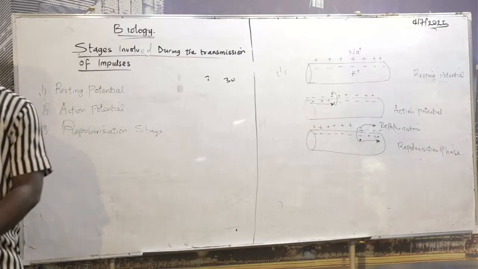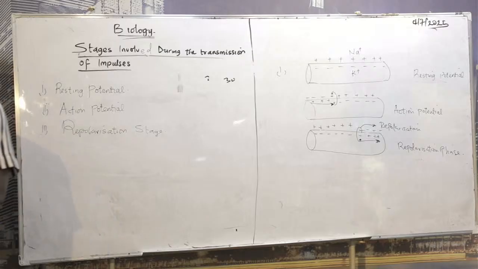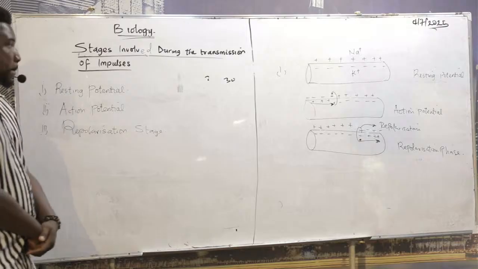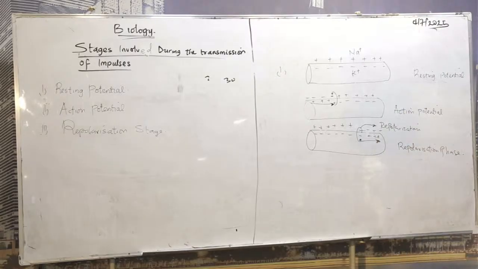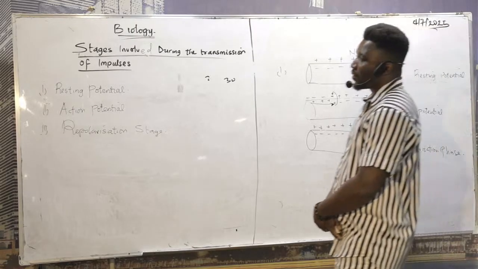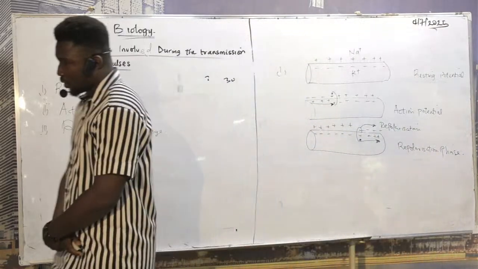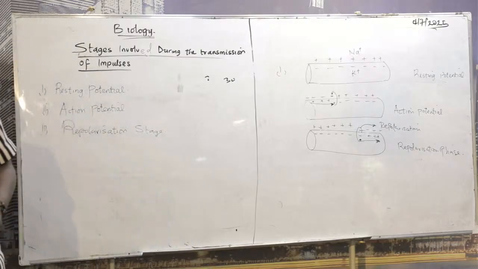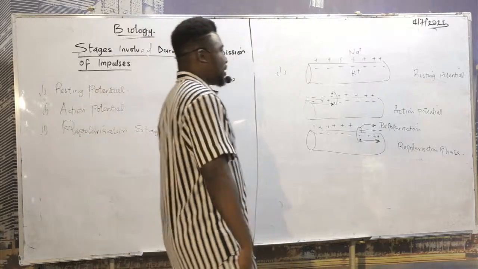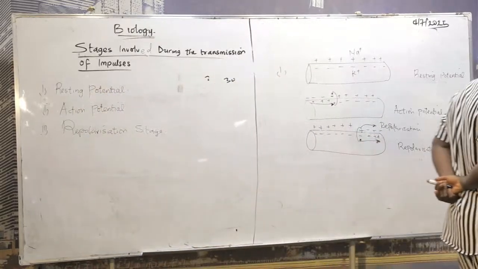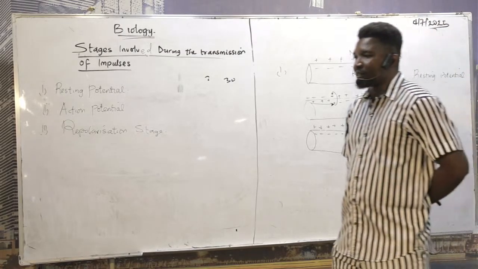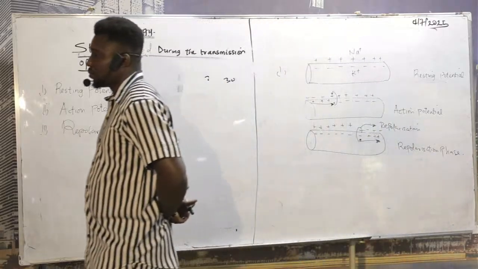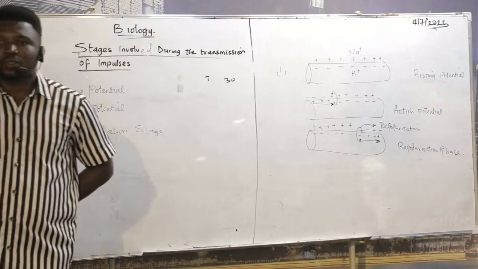It is a stage where there is a transmission of impulses within the nerve cell.